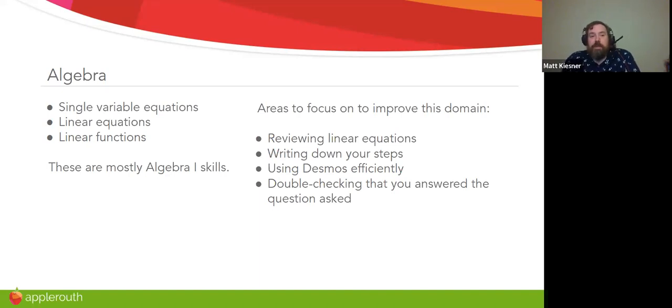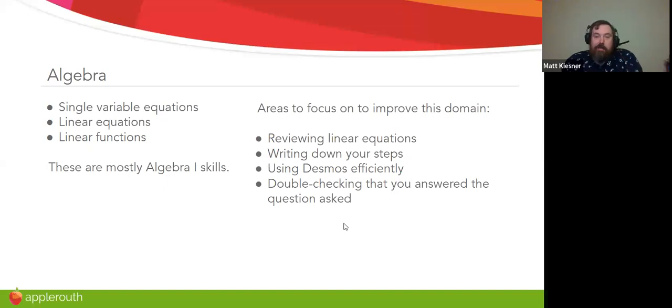Also, make sure you know how to use Desmos to graph linear expressions and what that means. If you have a system of equations and you're looking for a solution, the point of intersection, where they cross, is the solution. And if you put that in Desmos, you can just see it and then click on that point.